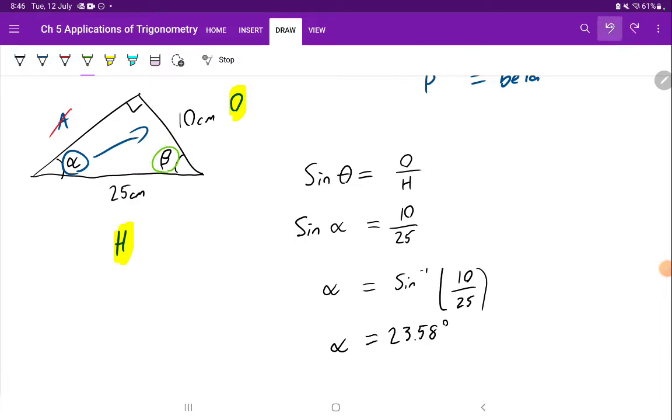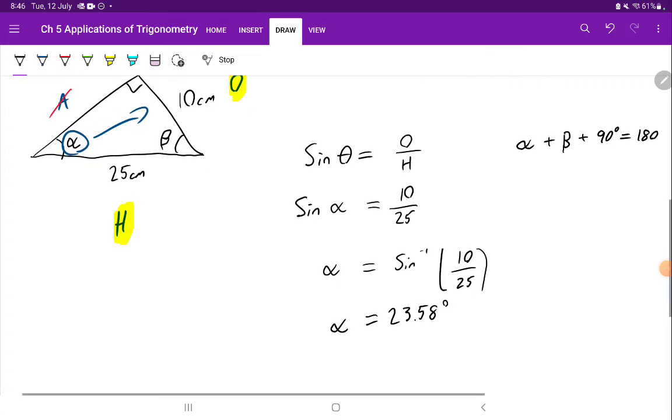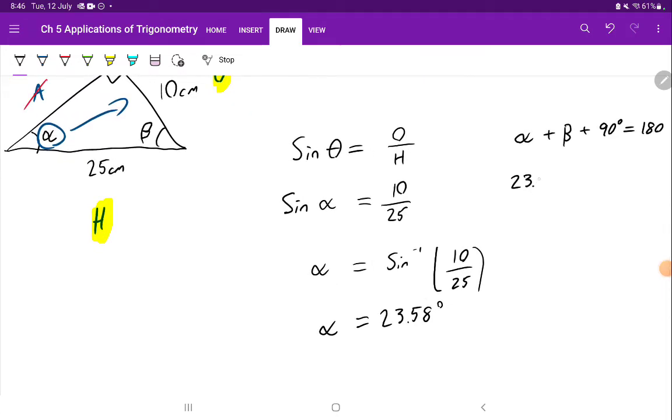Instead, I could remember something about triangles: if you add up all of the angles, it should add up to 180. So if we add alpha plus beta plus the right angle, which is 90 degrees, that should equal 180. We know what alpha is now. It's 23.58 degrees. So we can work out beta just by doing some subtraction. We don't have to do anything more.